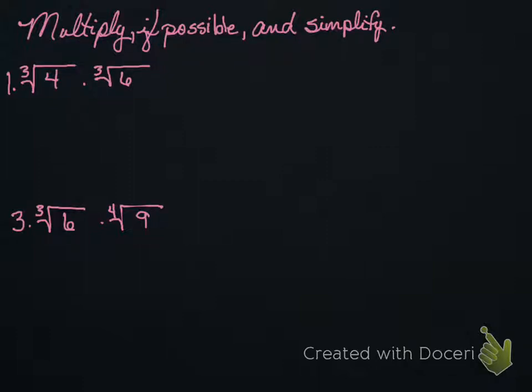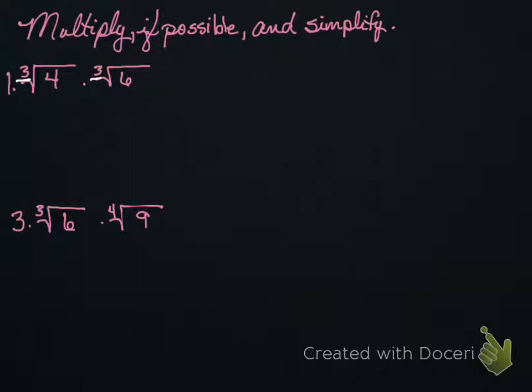All right. First of all, the instructions say multiply if possible and simplify. Remember we said that in order to be able to multiply radicands, we have to have the same index number. We see in number 1 that we have a 3 for each of our indexes.